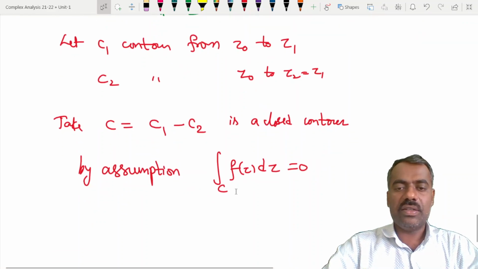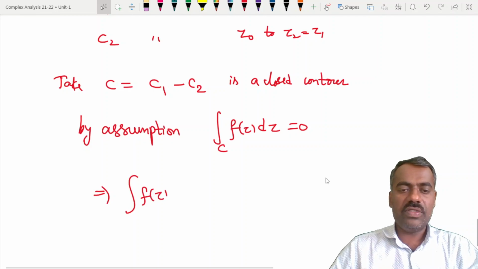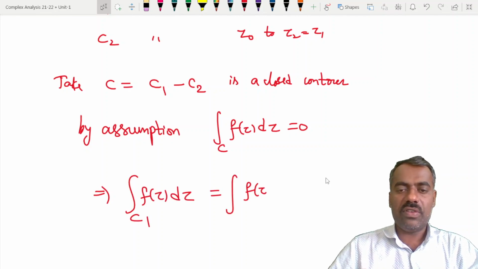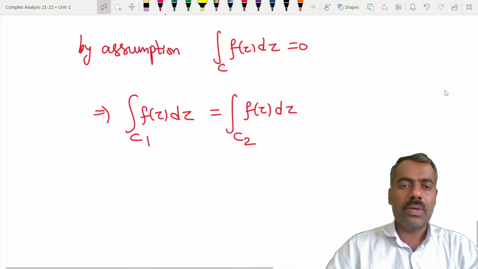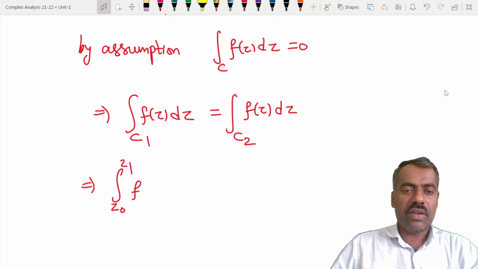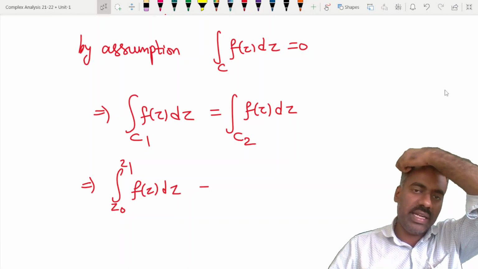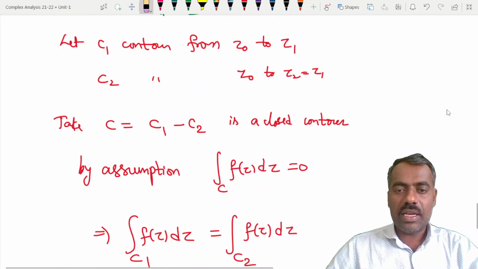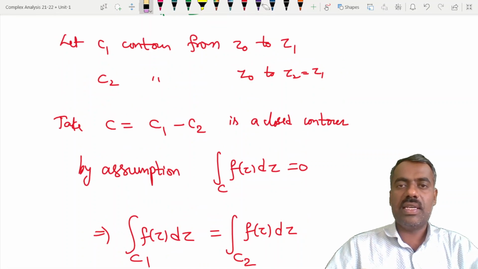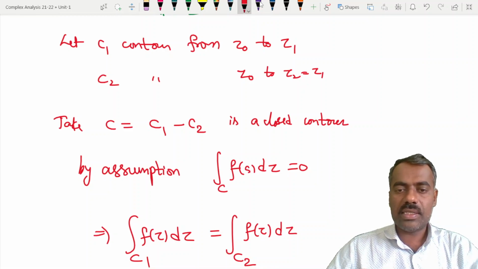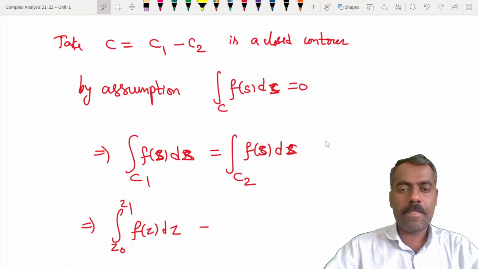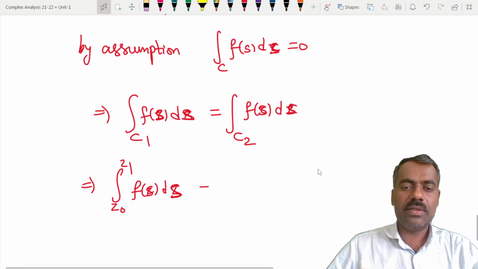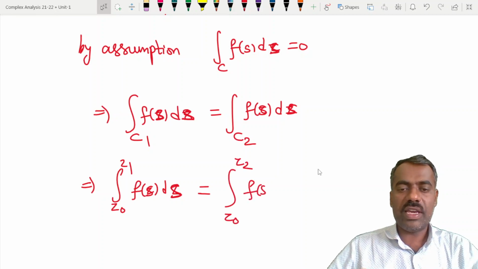That shows that the integration of f(z) dz over C1 is the same as the integration of f(z) dz over C2. Now, the integration over C1 starts from Z0 to Z1, which is the integration from Z0 to Z1 of f(s) ds, since we defined this in terms of capital F. This is equal to the integration from Z0 to Z2 of f(s) ds.